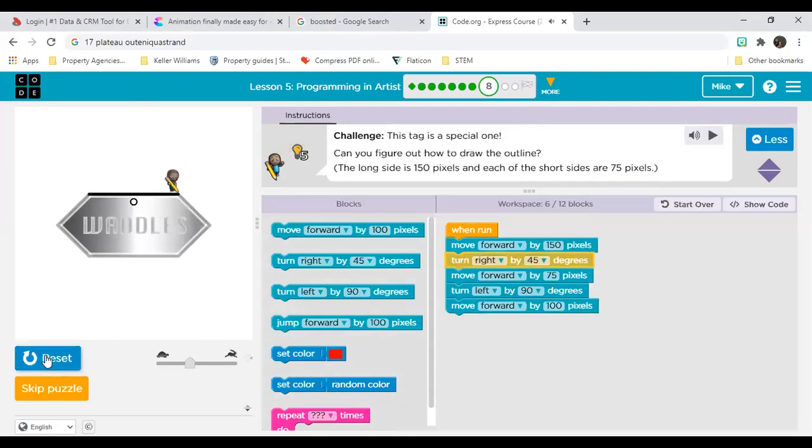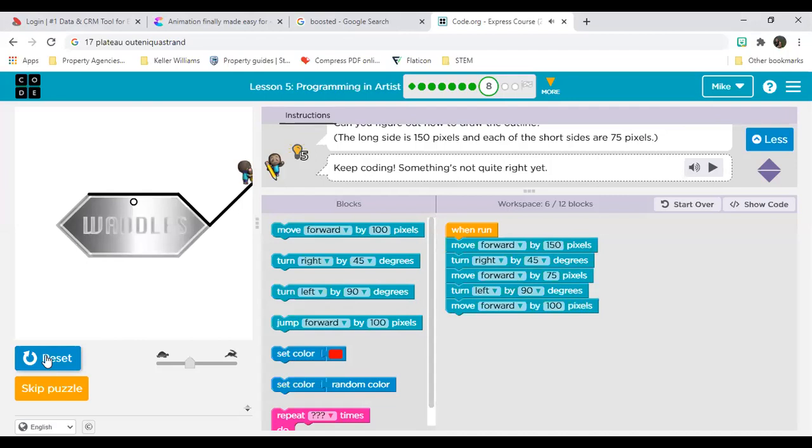Reset, run. Look at that. Remember the direction he is facing, guys, because our character is walking down on the side. If he keeps walking, he will be walking in a straight line over here. So if he needs to come down towards the bottom end of the screen, he's going to turn right again.